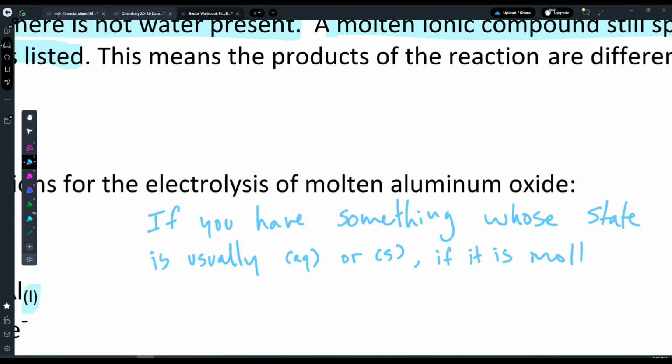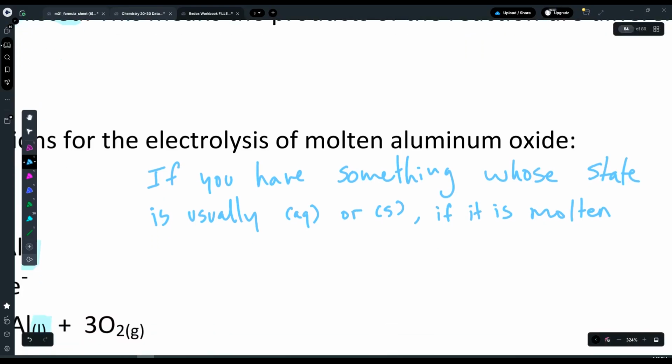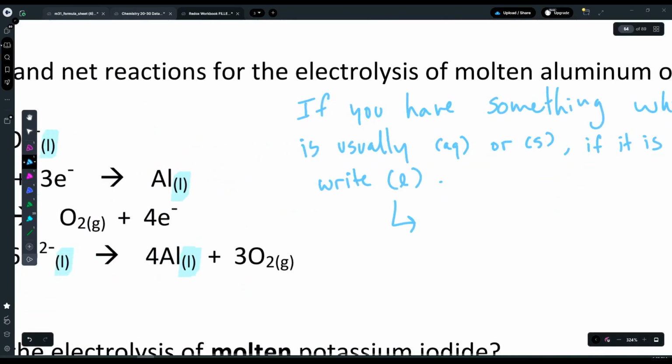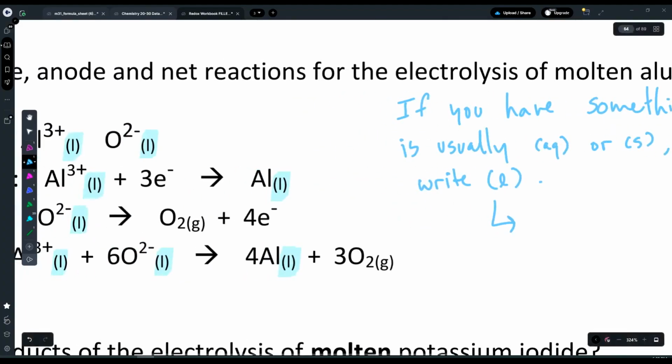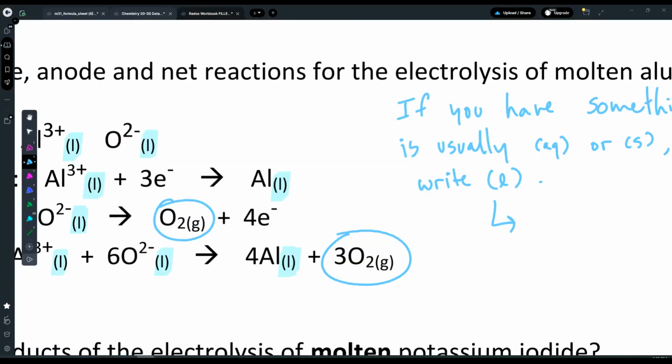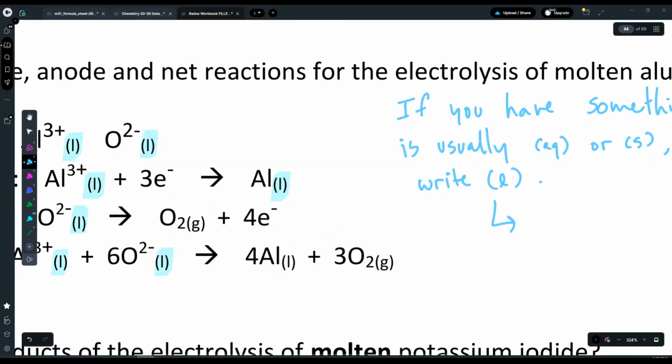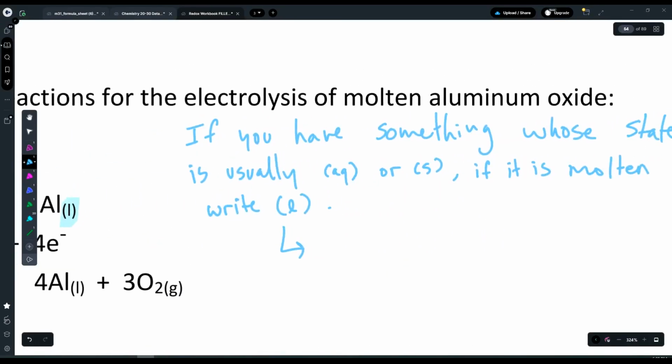So you're going to have to pay very close attention to the wording of the question, because it will tell you if your substance is molten or aqueous. Okay. If you have something that's a gas, it's going to stay a gas. So here you can see oxygen gas, it doesn't turn molten as well because gases can't do that.